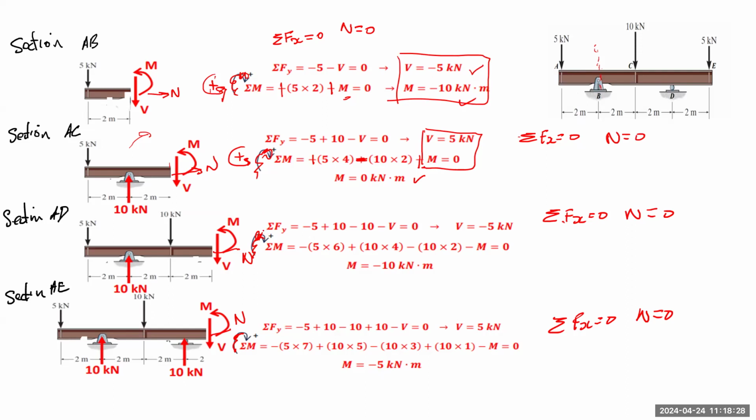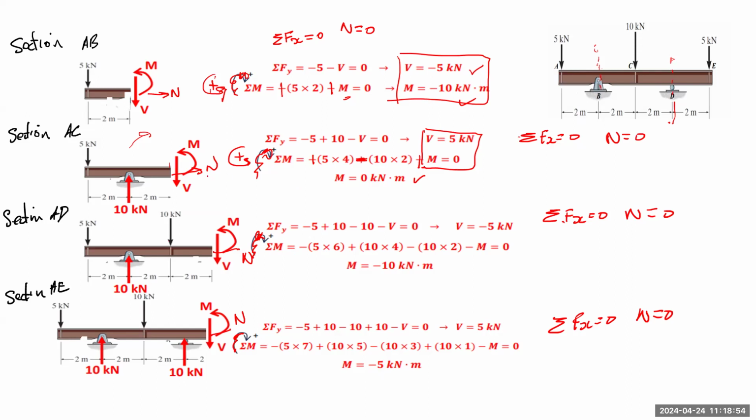The next one, quickly now, you're cutting it where? Right here, 2D. So that is AD, but onto AD is 6. You see that? How many forces do you have here? You have the 10 kilo going up, the 10 kilo coming down, and then you have the shear. So we can use the sum of the forces in the Y. The normal for all of it is 0, so I don't have to bother discussing that.